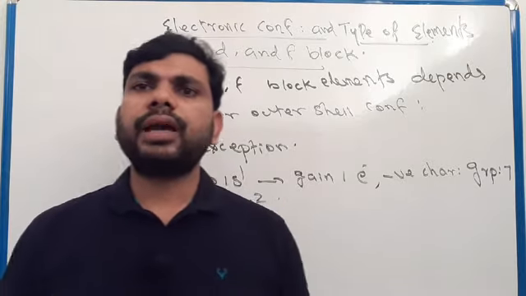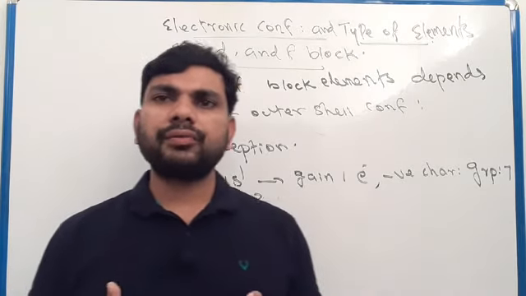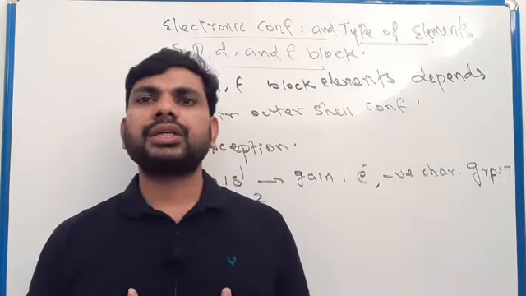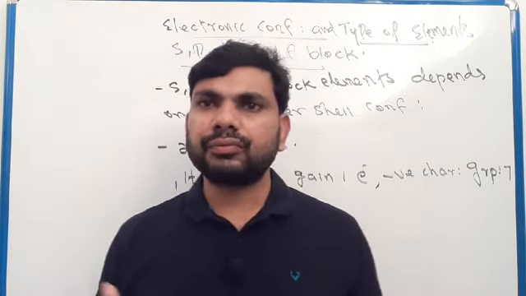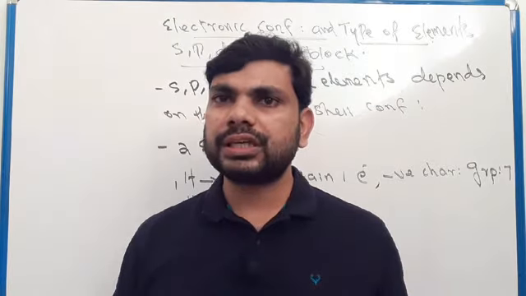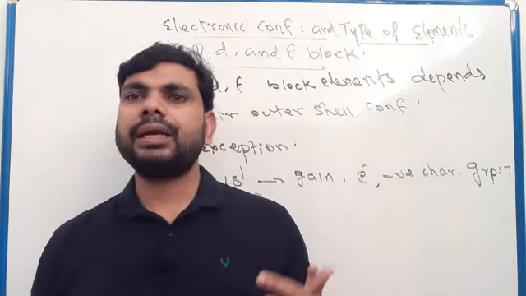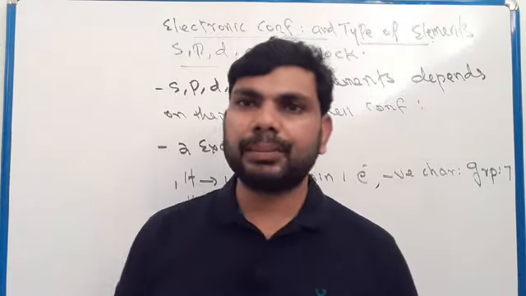Okay, next we have to discuss electronic configuration and the type of elements. Based on electronic configuration, we can classify different types of elements: s block elements, p block elements, d and f block elements.